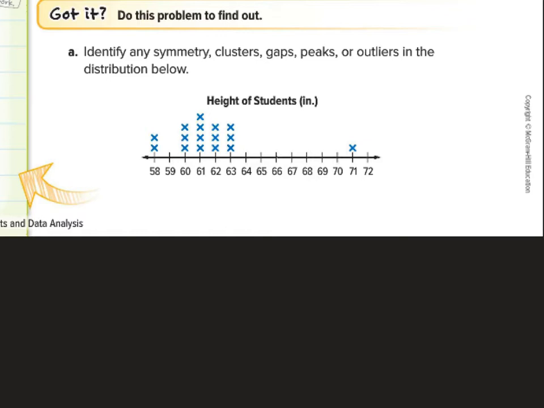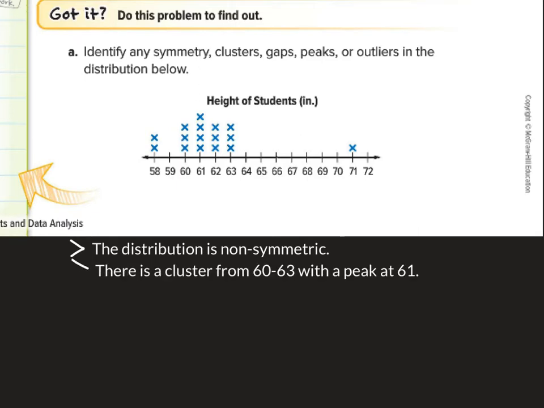I would start by saying the distribution is non-symmetric. And you can see that, okay, there is no symmetry. There is a cluster from 60 to 63, as we acknowledged before, with a peak at 61.